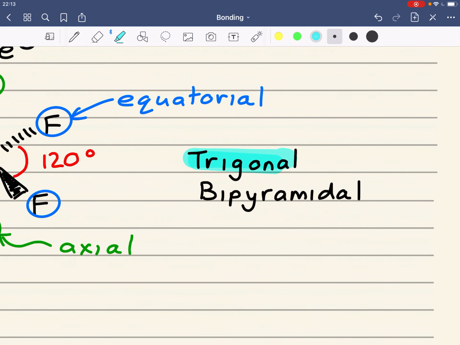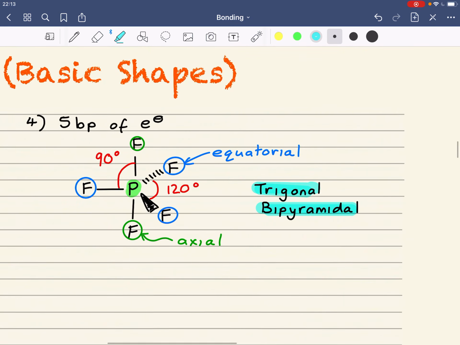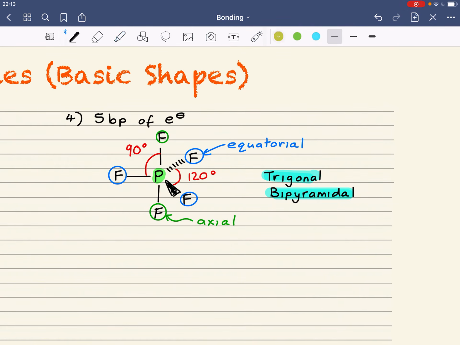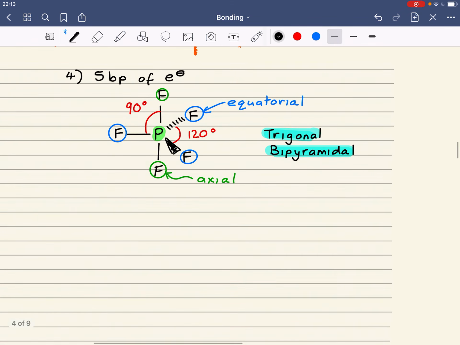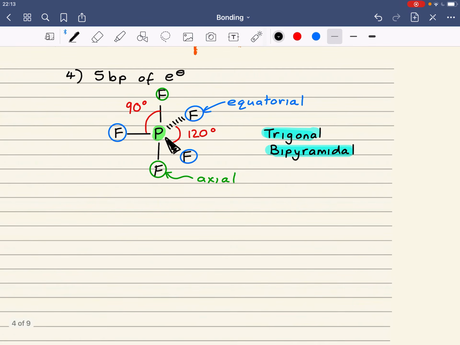Because when you draw lines between these, we get basically 2 triangular based pyramids, one above and one below, the bases of each pyramid touching. Again, this is much easier to see if you've got 3-dimensional models, which I'm sure when you're in your classroom, your teacher can show you 3-dimensional models of each of these molecules.